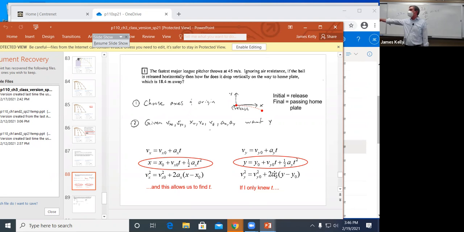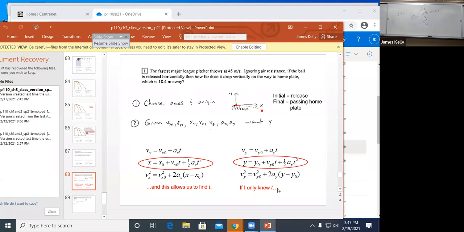Its velocity vector initially is in that direction, and y is in that direction. In going from tail to tip, you don't have to move along y at all. So its y component is 0. It's not moving along the y direction initially at all. So y0 would be 0, Vy0 would be 0. I know Ay in my coordinate system would be minus 9.8, but unfortunately I don't know t.